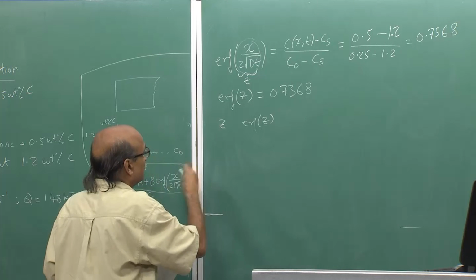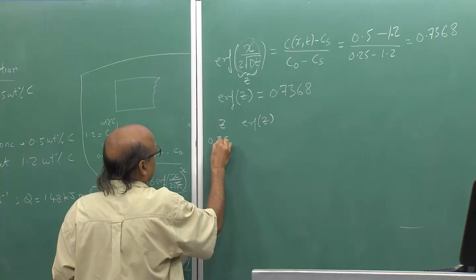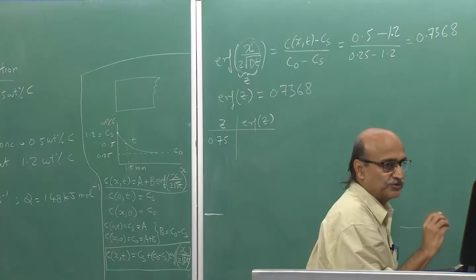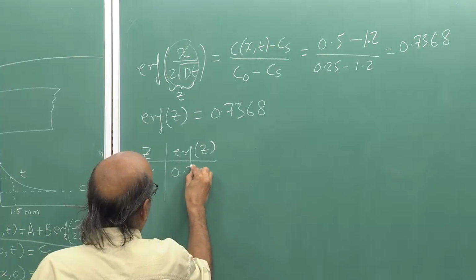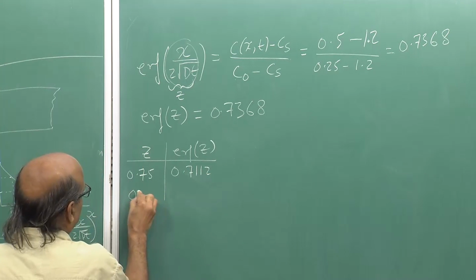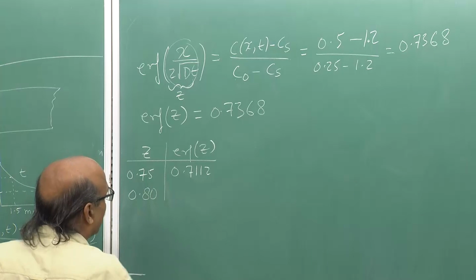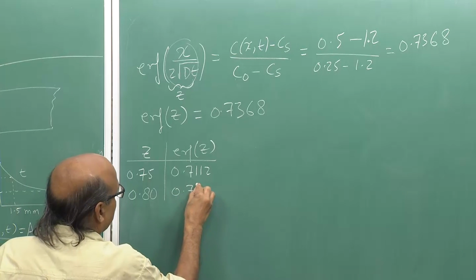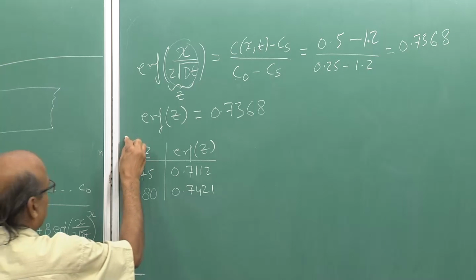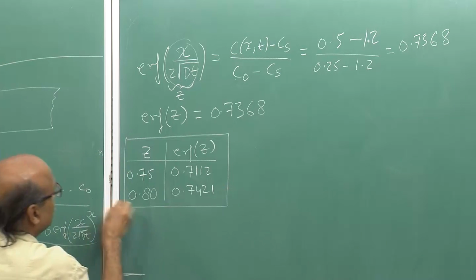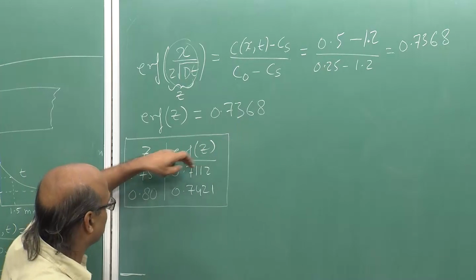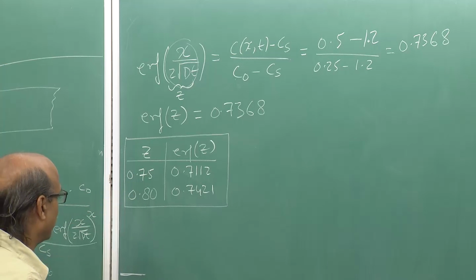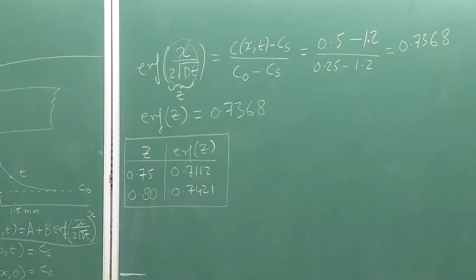For 0.75, from the error function table, it is 0.7112, and for a value of z of 0.80, I have an error function value of 0.7421 from the error function table. 0.7368 lies in between these two, and hence z should also lie between 0.75 and 0.80.